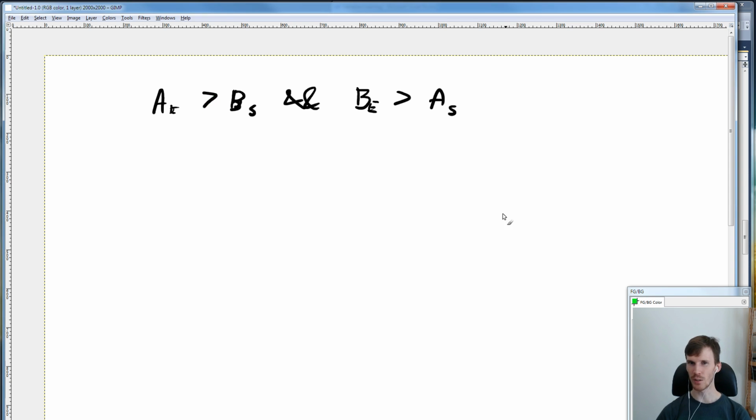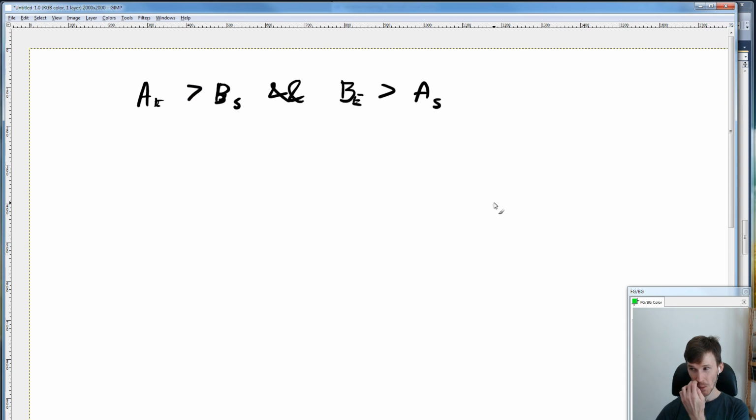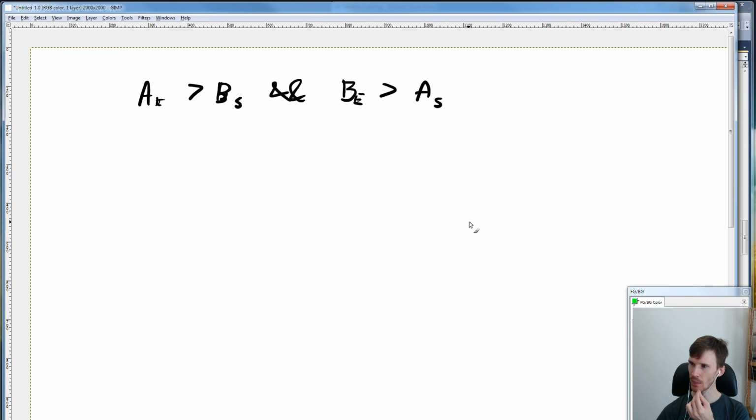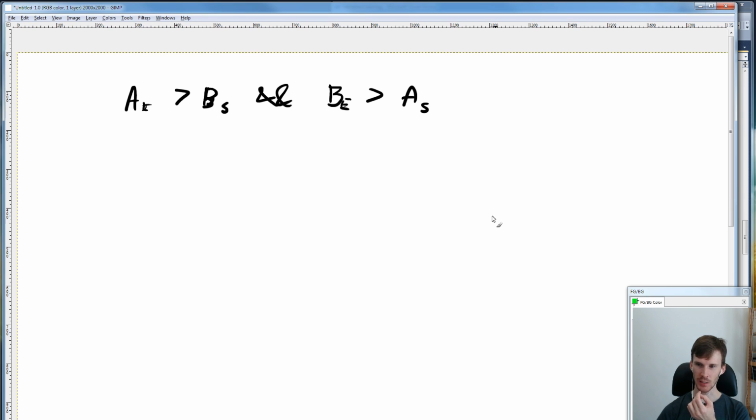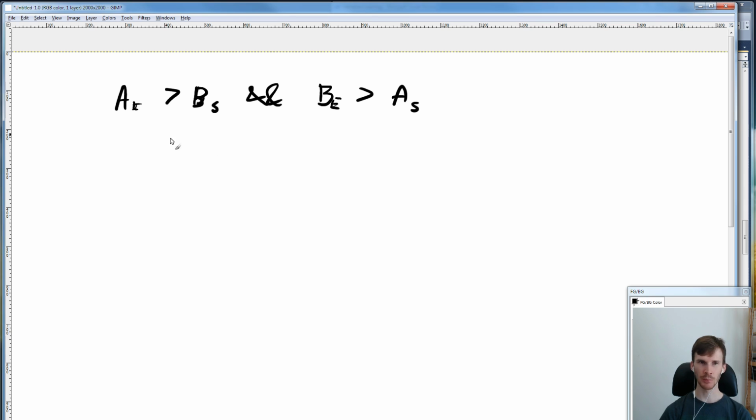So I want to choose the minimum amount to do this. Let's change the way we're thinking about this. I'm going to change this slightly from what the notes say because I've done this in a different order. I need this diagram, so I'm going to have to redraw it.